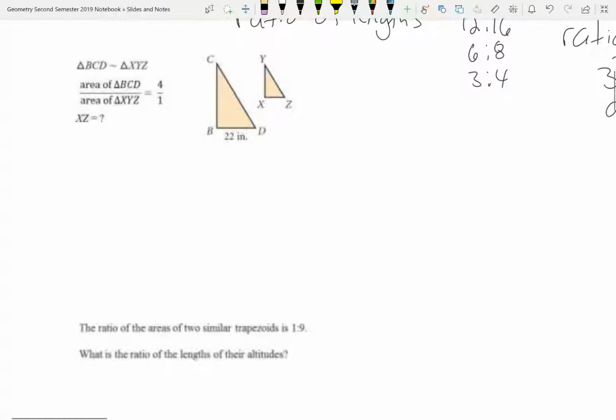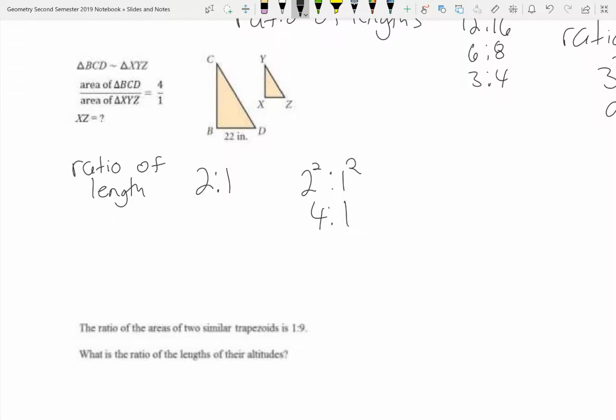Let's do another one here. If the area of triangle BCD and the area of triangle XYZ have a ratio of 4 to 1, what's the ratio of lengths? Well, it'd be 2 to 1, because the areas are 2 squared to 1 squared, which is 4 to 1.